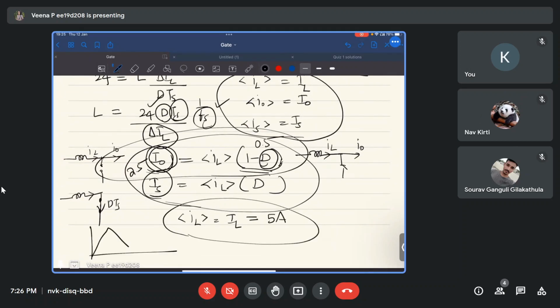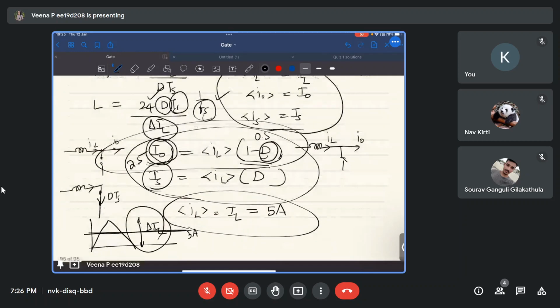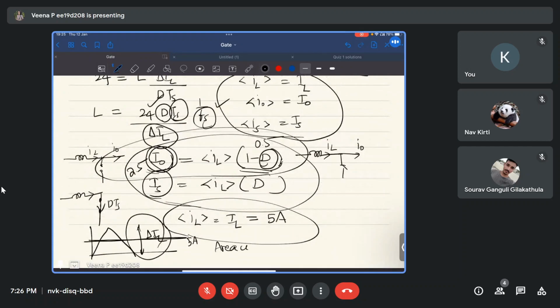Now you already know the inductor current waveform: this is delta IL, and this is the average inductor current, which is 5 ampere. So what is the peak to peak ripple? You can find the area under the graph. The area under the graph divided by the total length gives the average inductor current.